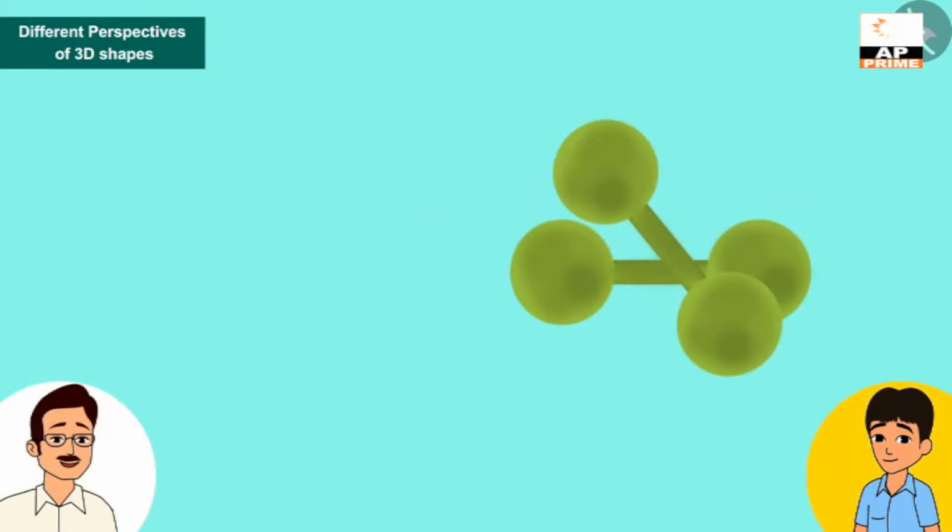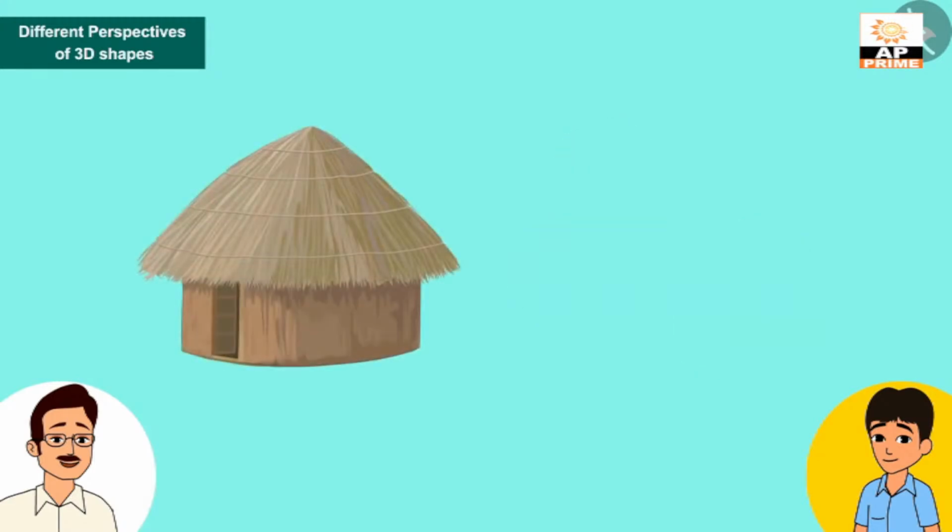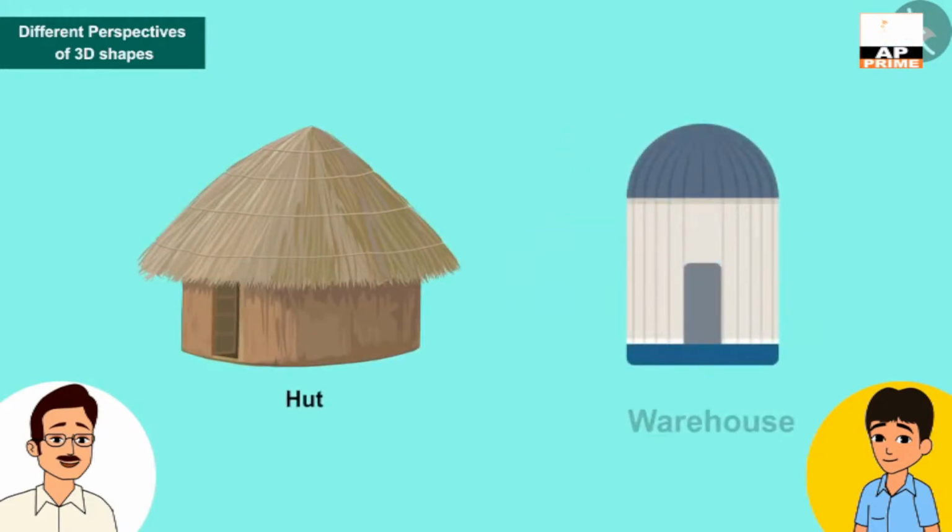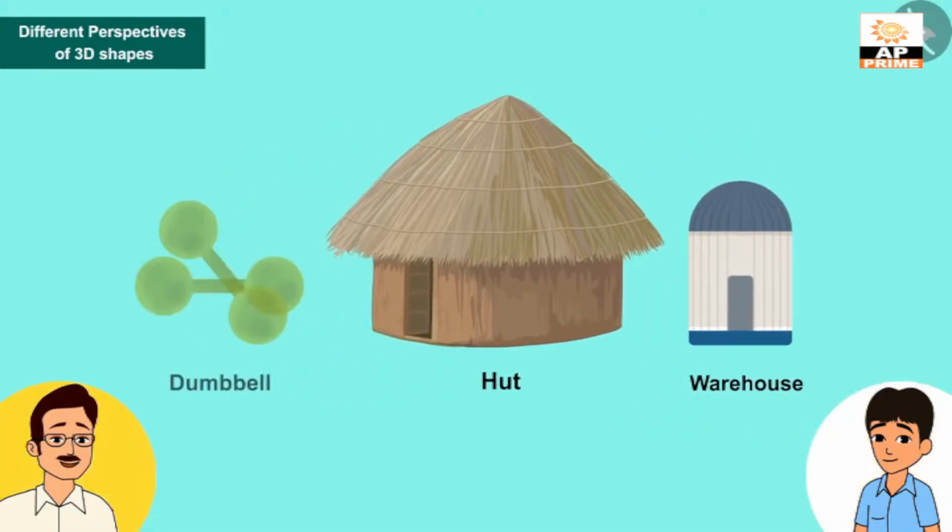Raghav tells us that this is a dumbbell. It is a hut and it is something like a warehouse. Well done. But these are the names of these things. Let me tell you about the shapes of these things.